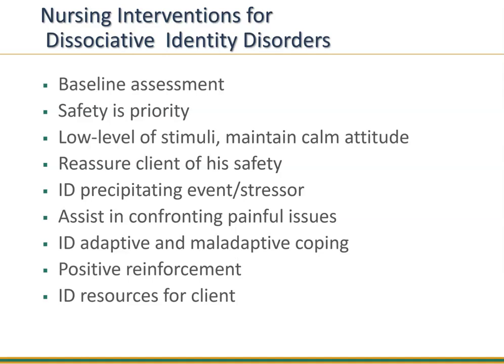You help that patient identify stressful situations that precipitate transition from one personality to another, and then you carefully observe and record these transitions because you'll have to know how many personalities there are within the patient and get to know a little bit about them, because it may be more than two personalities.